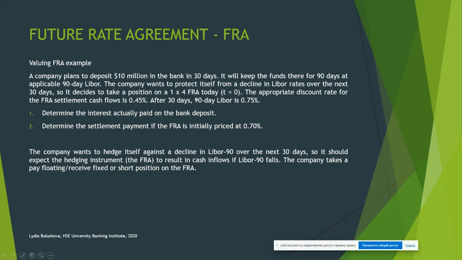The life of the contract is a 3-month period. So the appropriate discount rate for the FRA settlement is 0.45%. After 30 days, 90-day LIBOR is 0.75%.